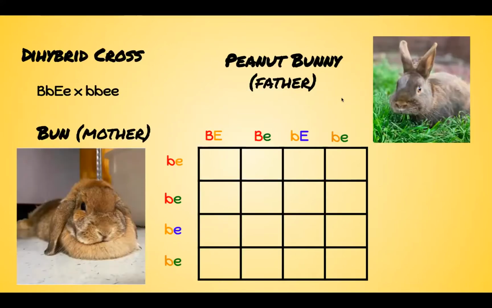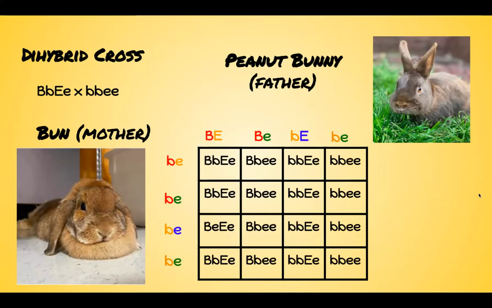All right. So once again, Peanut Bunny's is on the top and Bun's is along the sides. And now we start to fill. And it's not so bad. Let's try it. Okay. So when we fill these up, we are just going to go from the top column to the second row. So we've got capital B, capital E, and then add that to a lowercase b and a lowercase e.